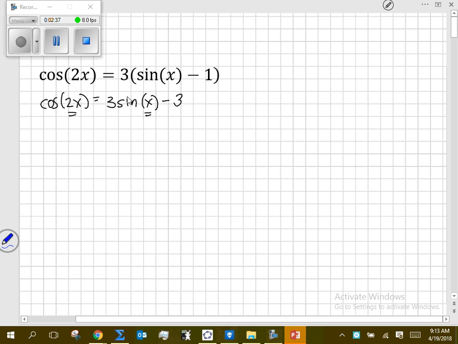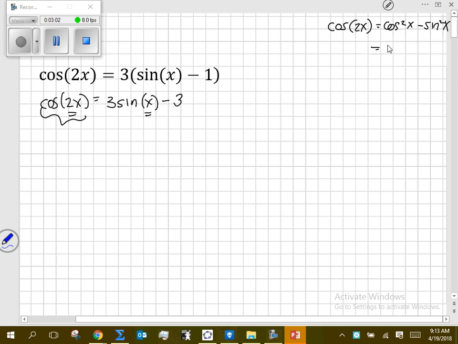And really, the way that you work through changing, and we'll see this at the end, is that you take 2x and you rewrite that as 1x plus 1x, right? Does that make sense? But we know that there's a better formula at the moment than that, okay? This is a cosine double angle, right? So cosine double angle, and tomorrow you'll have this sheet. Could be cosine squared x minus sine squared x.